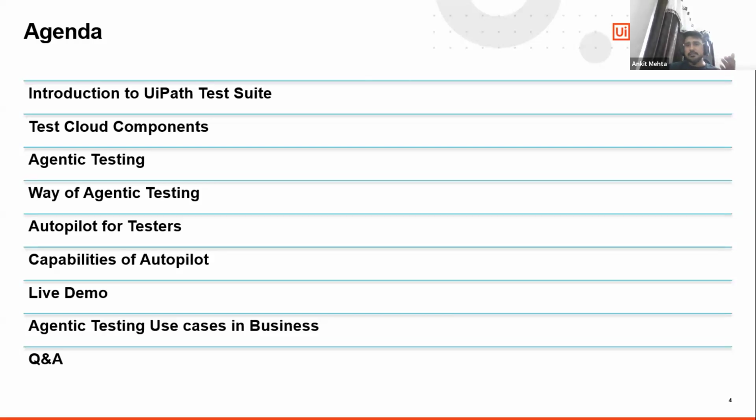We will be discussing a basic overview of it, and we will be moving forward with agentic testing: what happens when we add agentic AI capability to testing and how we can achieve it. Then we will move forward with practical demonstrations, and then we will have a question and answer session. So let's move forward.